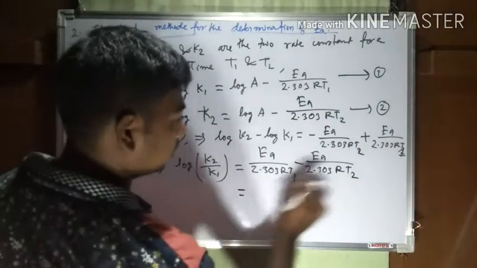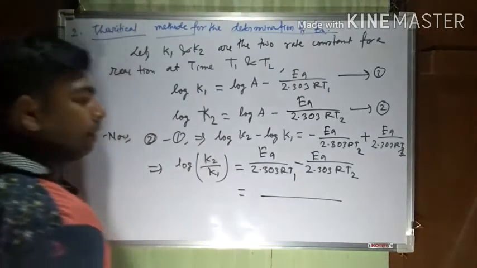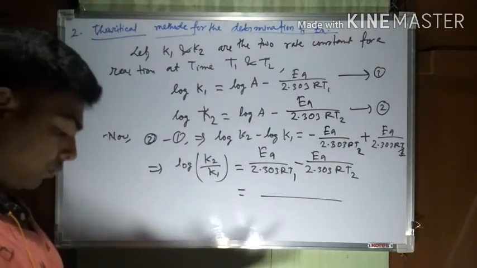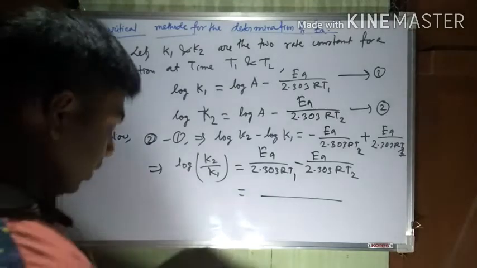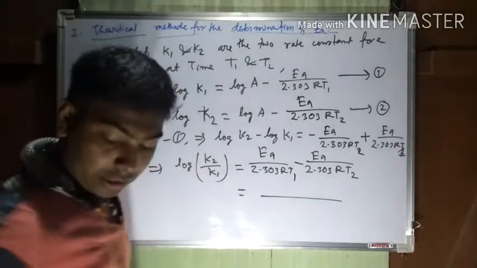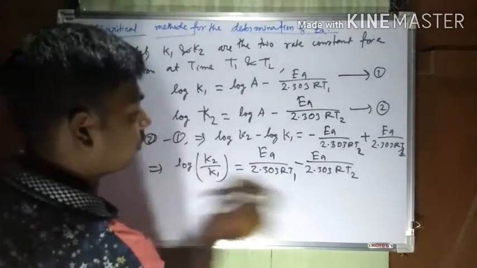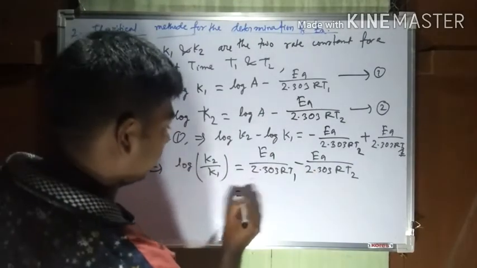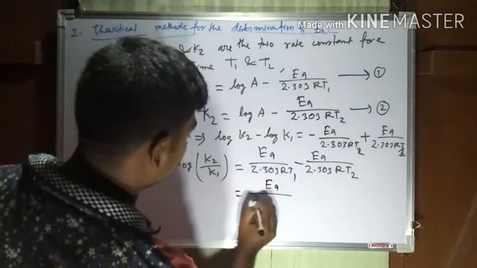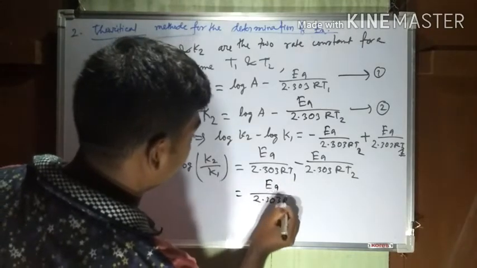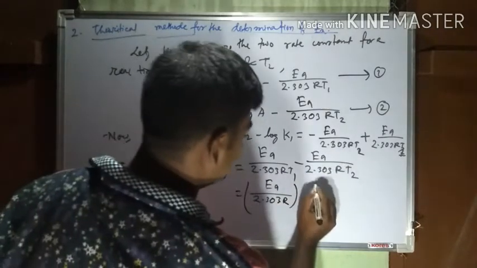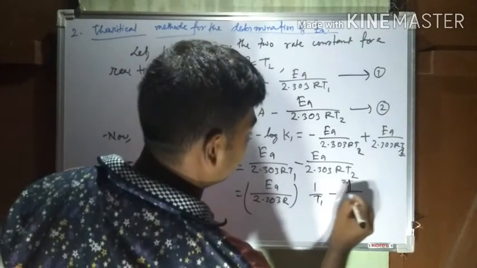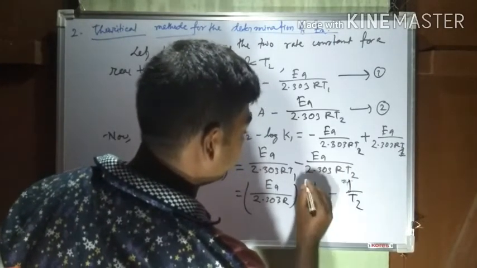Then if we take EA by 2.303 R common, it becomes EA by 2.303 R times (1 by T1 minus 1 by T2).